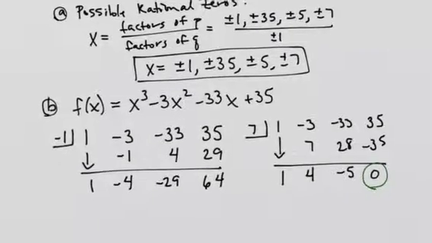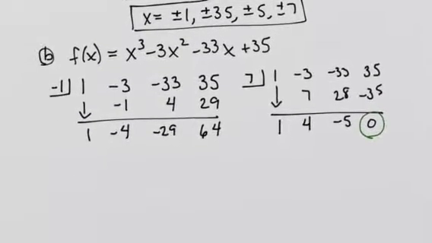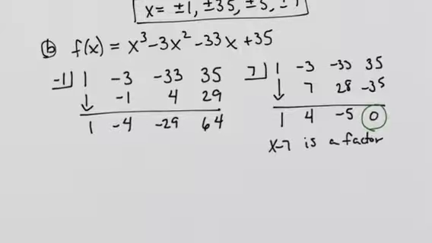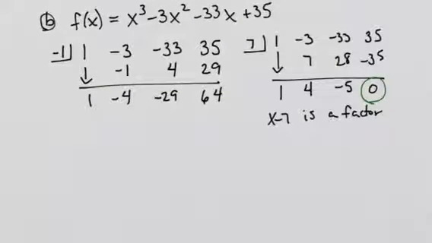So if we continue on to part C, we know we're looking for the factors. We just found here that x minus 7 is a factor. To finish answering part B, we'll move on to part C. So part B asks for us to find the actual zeros of the function.